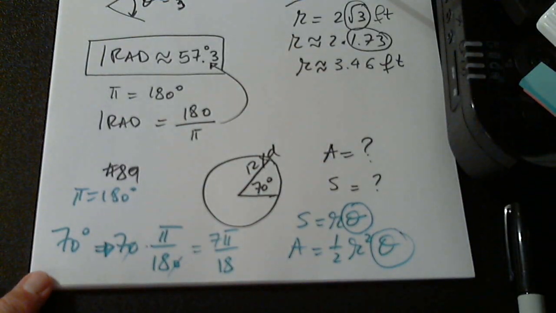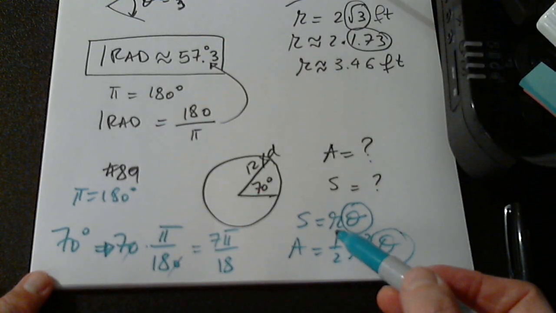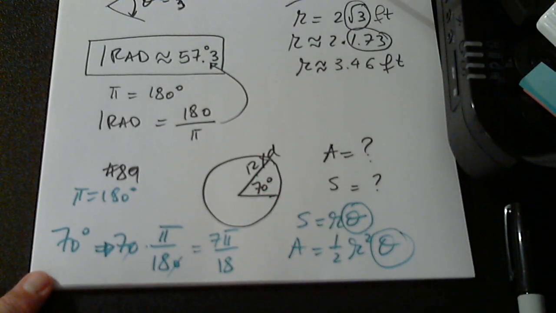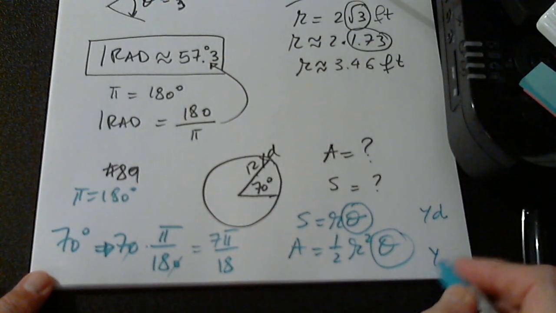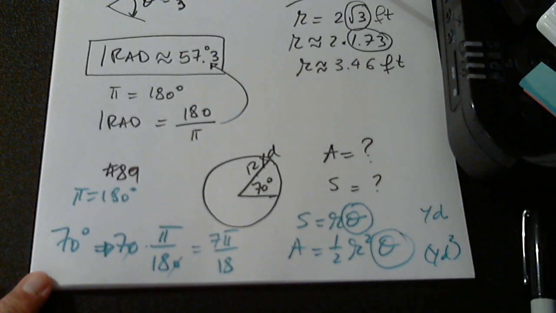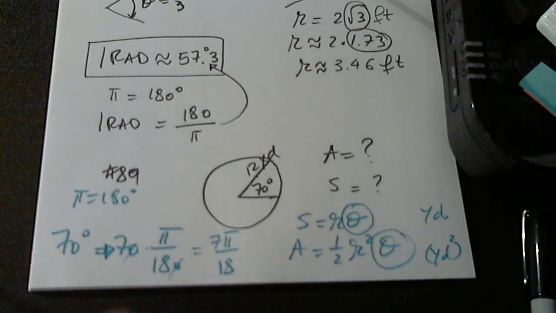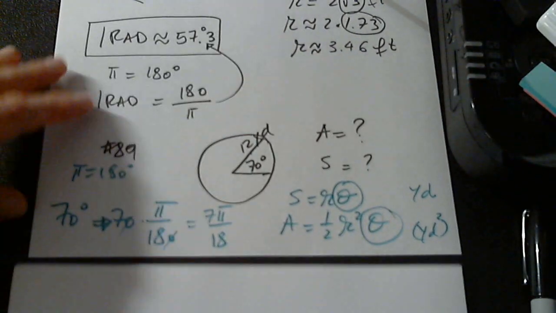This is 7 pi over 18. And then I can put them in the formula and it's done, in which R is 12. So I will be able to find S in yards and the area in yards squared, or squared yards. Please remember the measurement units. I'm begging you, please never forget measurement units.